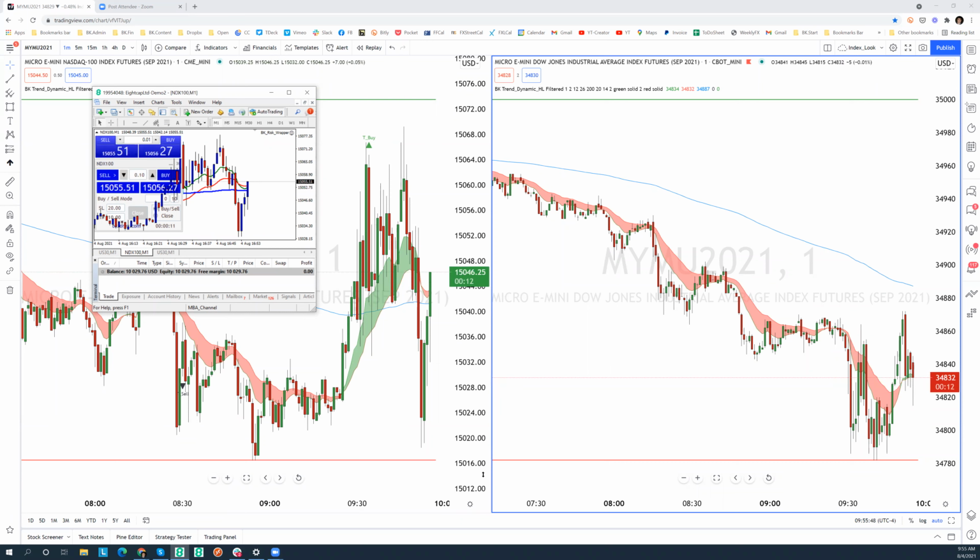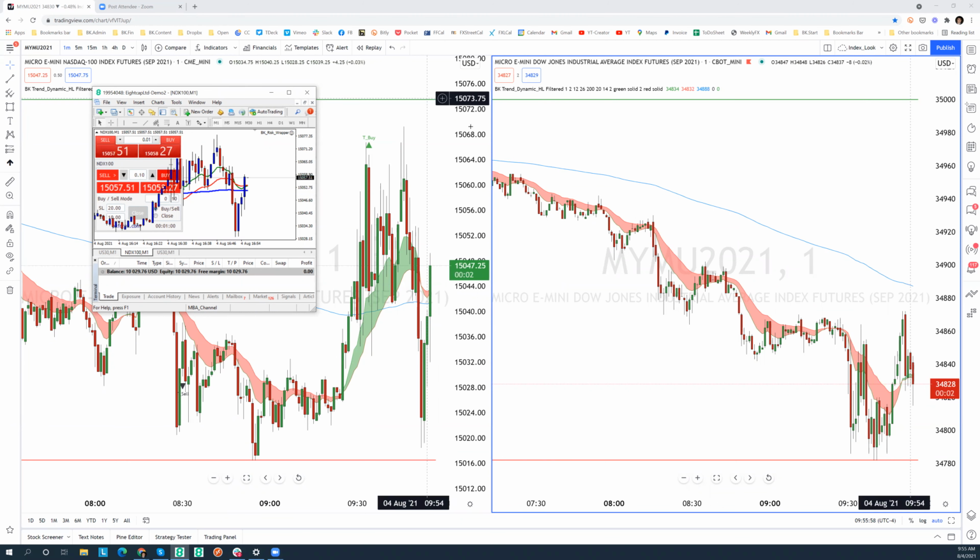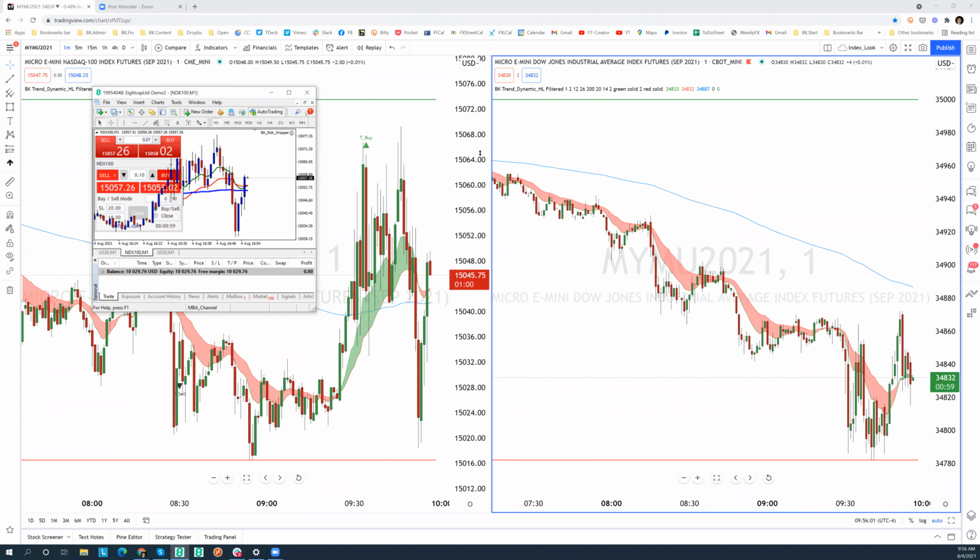Wow, that was a big V-shaped reversal. Now it gets interesting. Now I wonder if they try to test the lows, or if the buyers are going to come in and try to really squeeze the highs. We'll see.